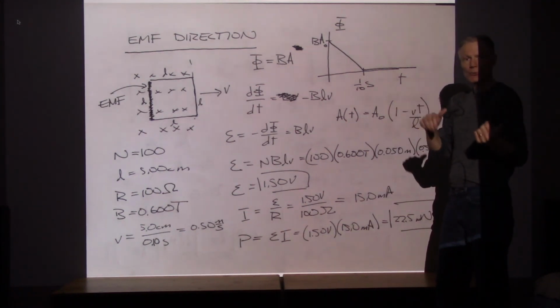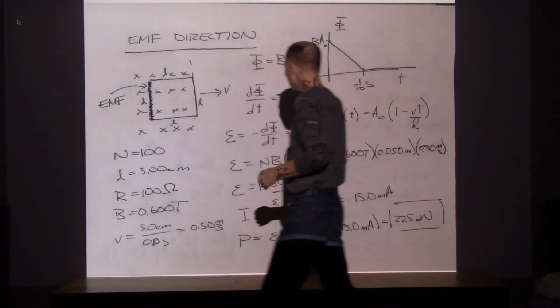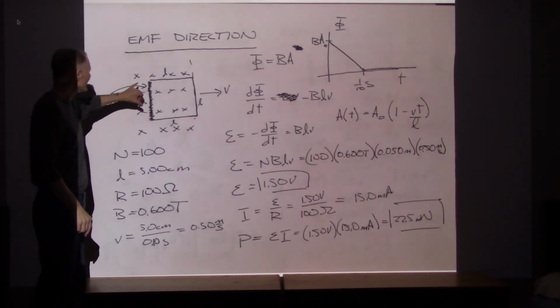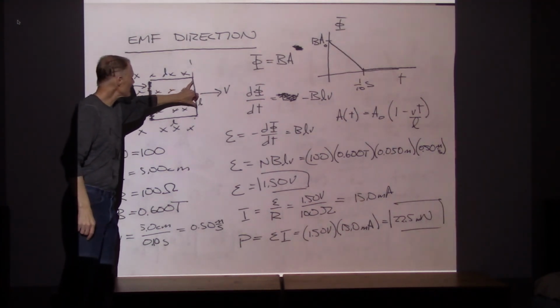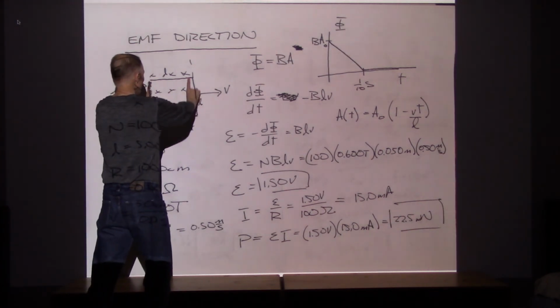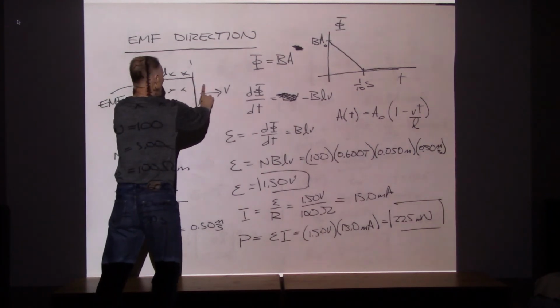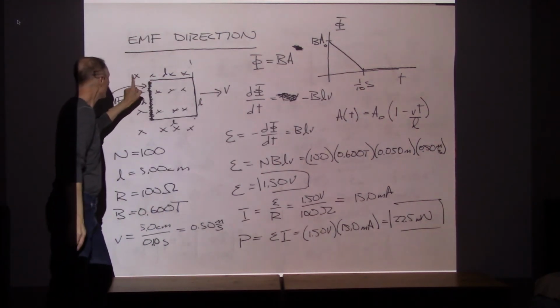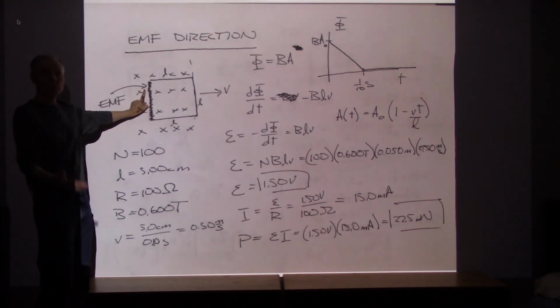Now, again, if we use the direct approach that we started the chapter with, we would be saying, of course, it's this part. While both of them were in the magnetic field region, they were opposing each other, but once this side exits the magnetic field region, then this EMF is the only remaining EMF in the setup.